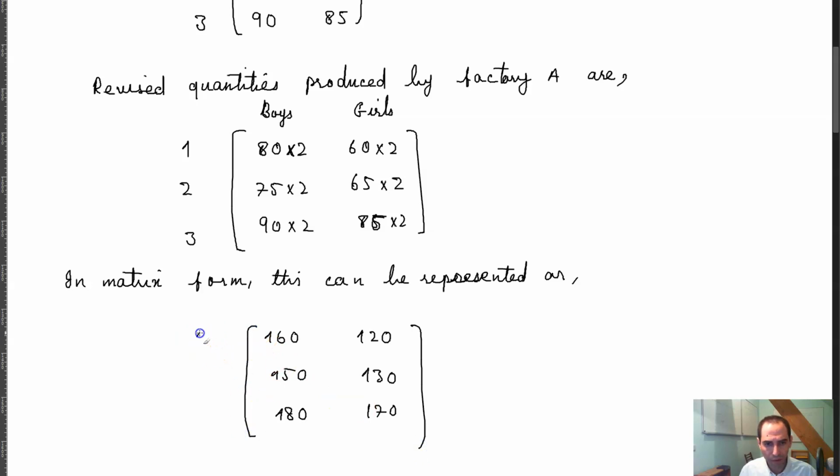And that becomes the price category 1, 2, 3, and that is boys, and that is girls.